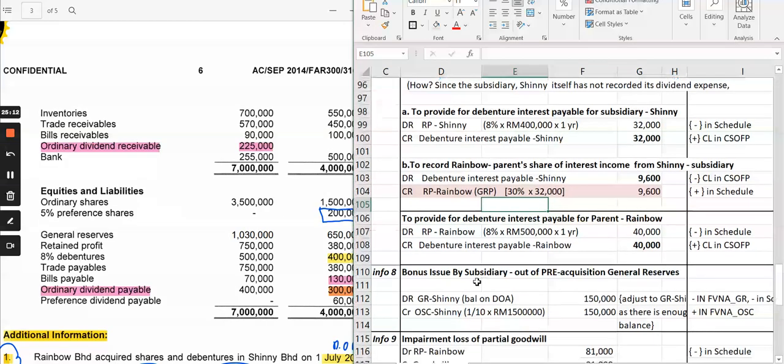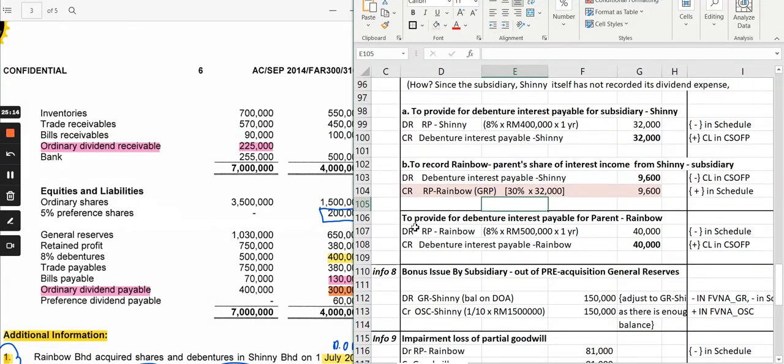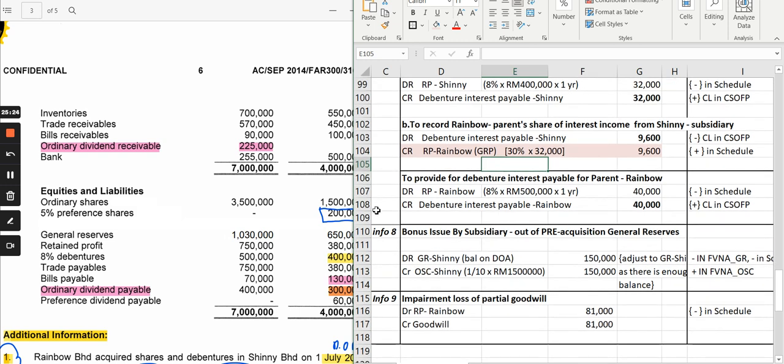However, when you consolidate, you are not going to report this 9,600. So that will not be reported, right? We'll see that in a short while, that we only report the debenture interest payable to other debenture holders, right? First you credit, now you debit. So what you report will just be the difference between 32,000 and 9,600.